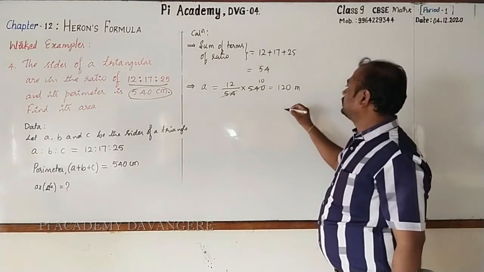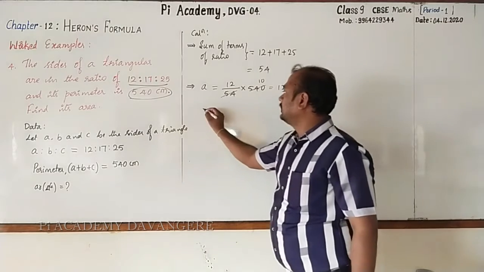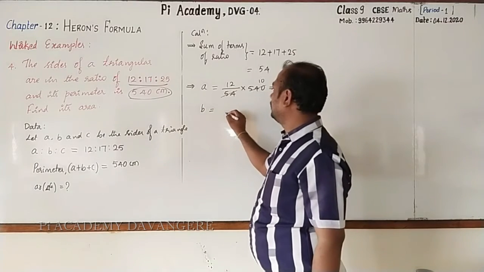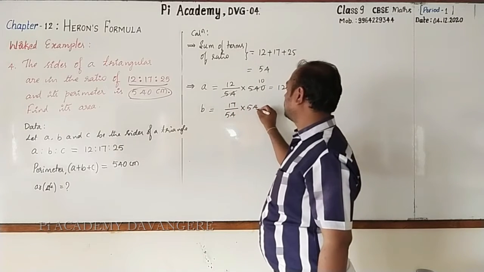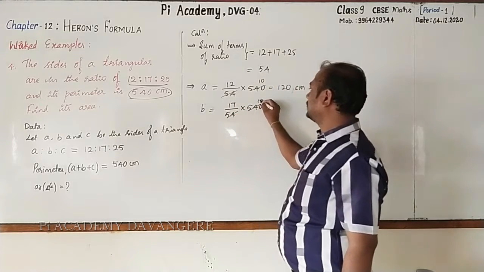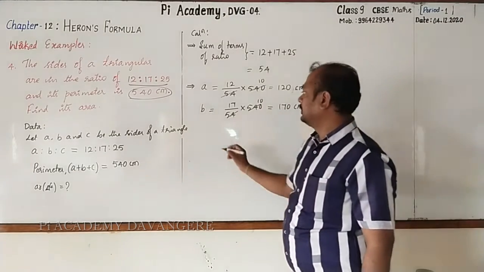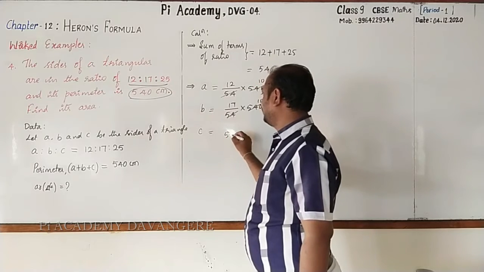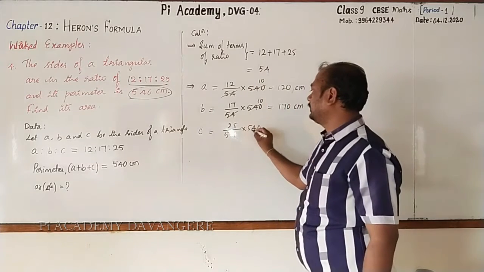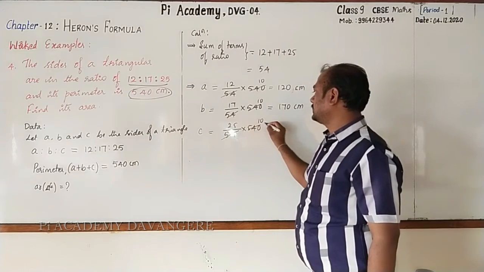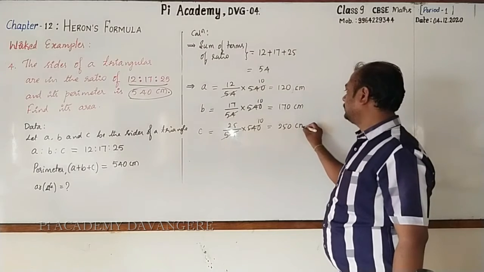So A is 120 centimeter. Next, B: out of 54, B is 17, calculated for 540, 17 tens are 170 centimeter. Next, C: out of 54, C is 25, calculated for 540, 25 tens are 250 centimeter.